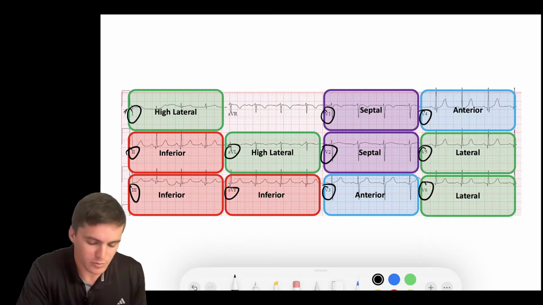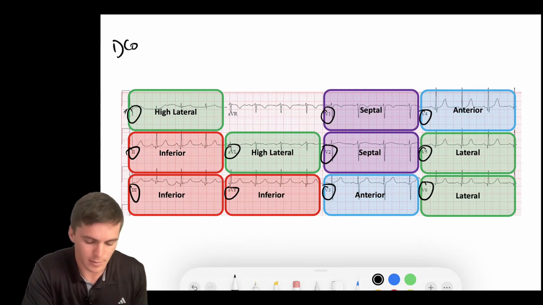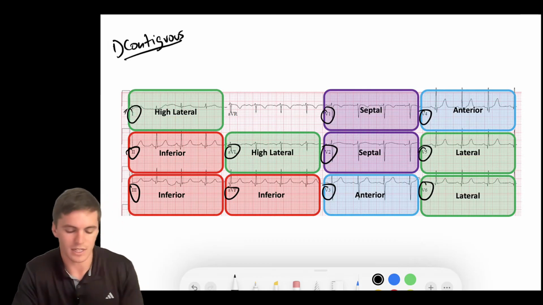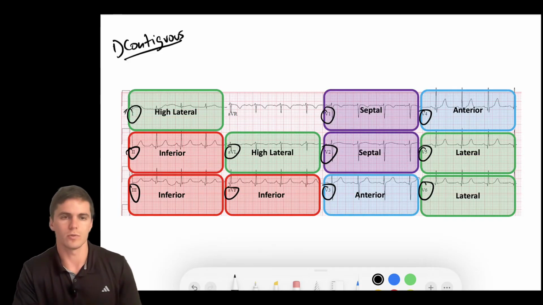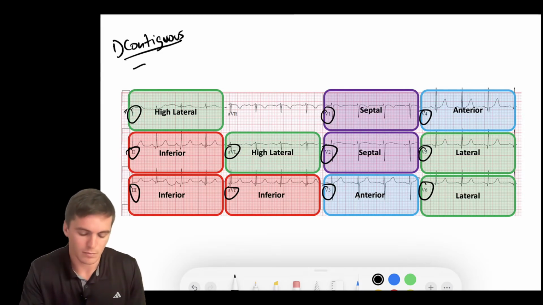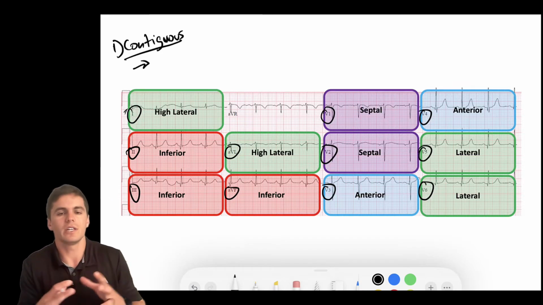And so that brings me to this idea that ST segment changes, there's this concept of contiguous, C-O-N-T-I-G-U-O-U-S, contiguous. And contiguous means that the leads are contiguous with each other.